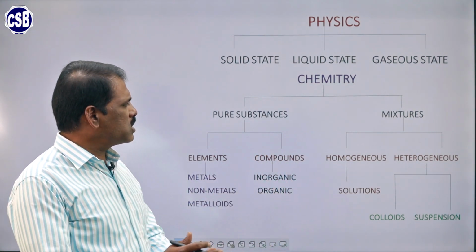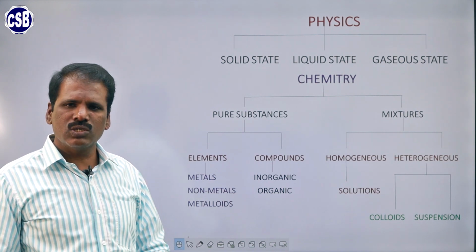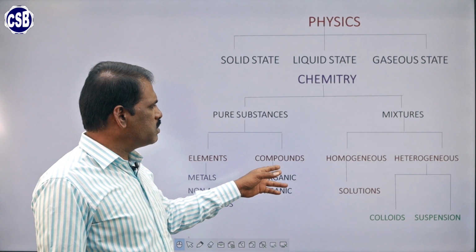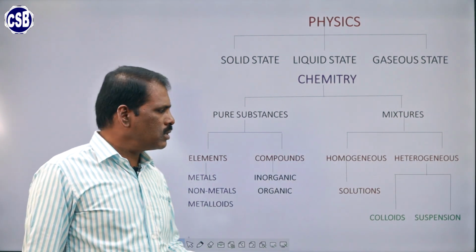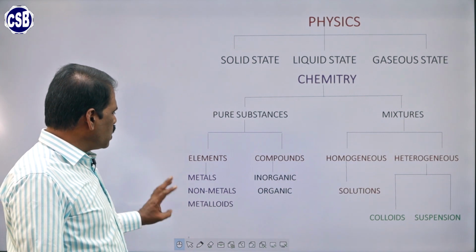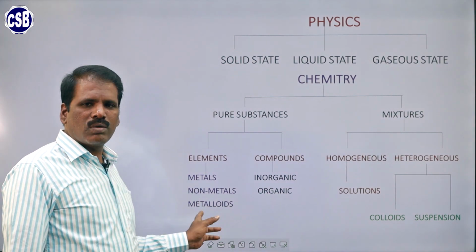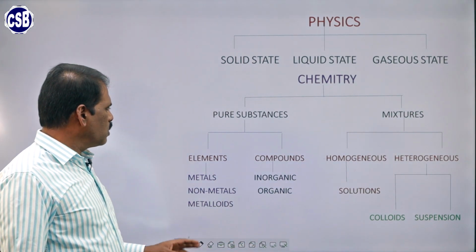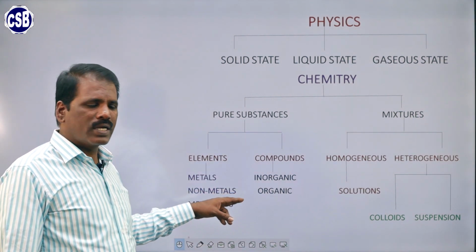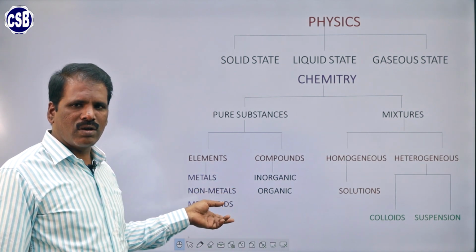Two or more substances combined together in any ratio give a mixture, which is further classified into homogeneous mixture and heterogeneous mixture. Elements are further classified into three categories: metals, non-metals and metalloids. Compounds are classified into two major categories: inorganic compounds and organic compounds.